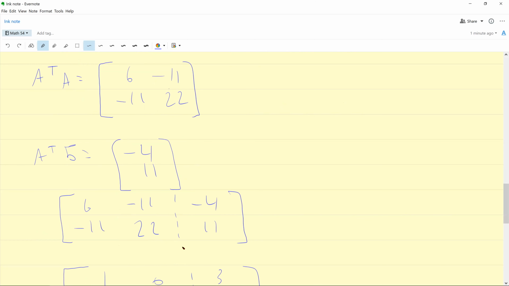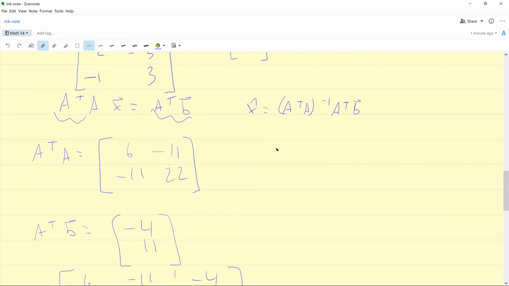Whereas if you do it this way, no matter which columns you have, this system won't be inconsistent, because the inverse method requires you to find an inverse, which may not exist.